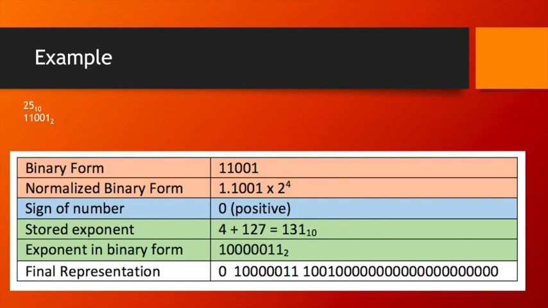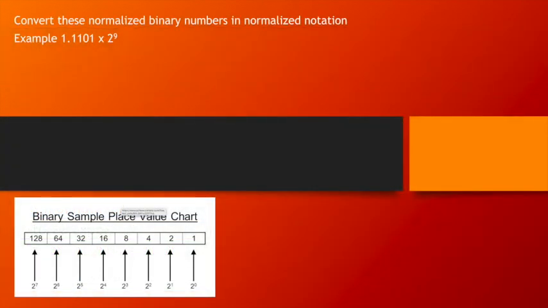Let's take a look at a couple more examples. The first one we show is 1.1101 times 2 to the 9th, and so let's go through our steps. That is already in normalized binary notation. So we identify the sign bit. The sign will be 0.